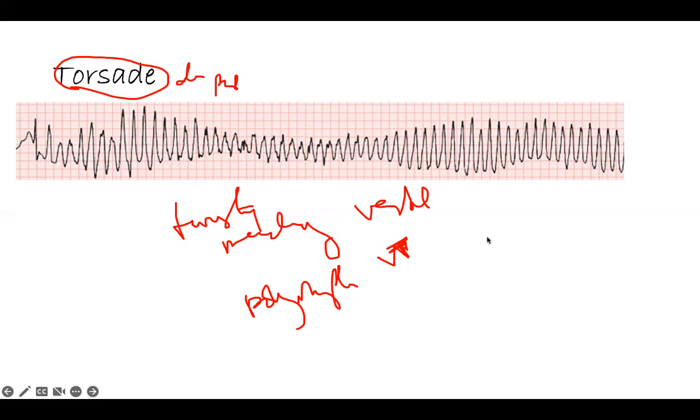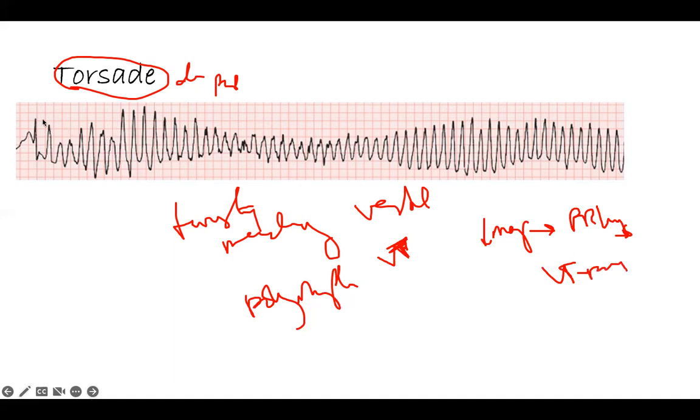How did that happen? Well, it's due to low magnesium. Low magnesium prolongs the QT interval, and then it pushes the patient to develop into VTach. But these are polymorphic shape.